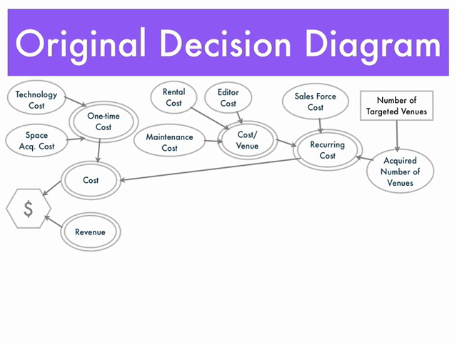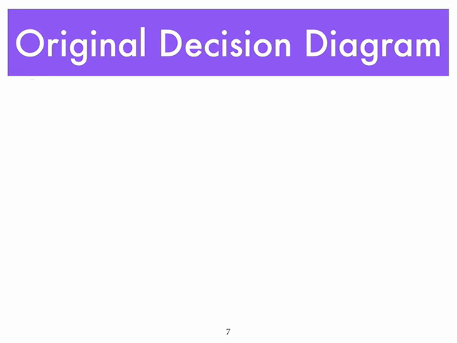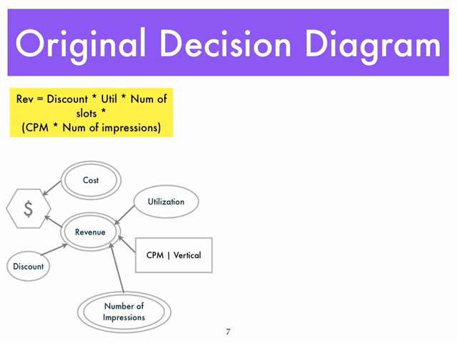But the revenue side is what we spent most of our time on, and it was the most difficult to characterize and structure. The revenue calculation is made up of 4 different factors: utilization, CPM, which you already heard, number of impressions, and a discount factor. Utilization is one of the most important things they need to be aware of.